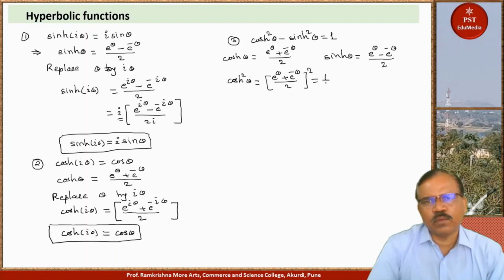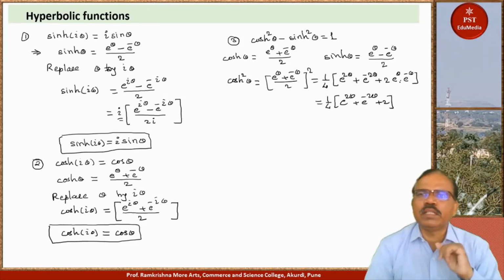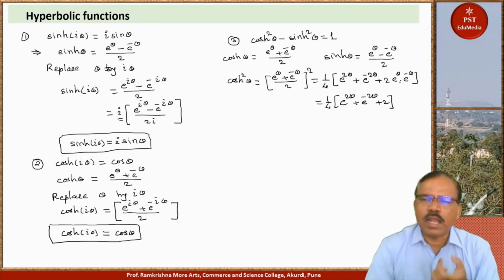So square of 1/2 is 1 by 4 and square of this bracket: e raised to theta squared, that is e raised to 2 theta, plus e raised to minus theta squared, that is e raised to minus 2 theta, plus 2 times e raised to theta into e raised to minus theta. So we get this as 1 by 4 times e raised to 2 theta plus e raised to minus 2 theta plus 2, because e raised to theta into e raised to minus theta is e raised to 0 and that is 1.